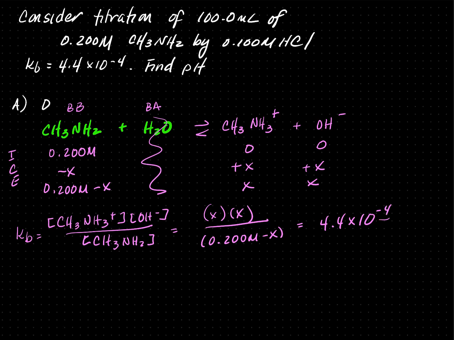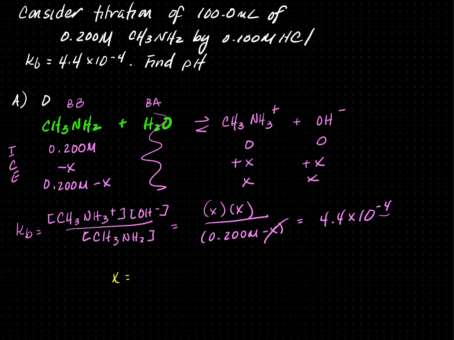The difference is greater than 1,000, so I could use the 5% rule. If you are unsure after you calculate it, you could figure out if it's less than 5%. So X is equal to 0.00938 molar. This is the OH minus concentration.